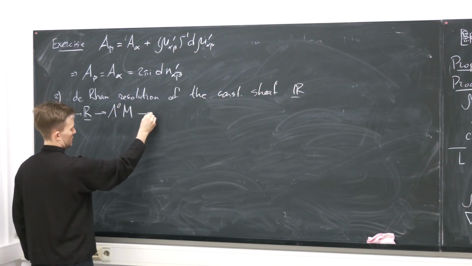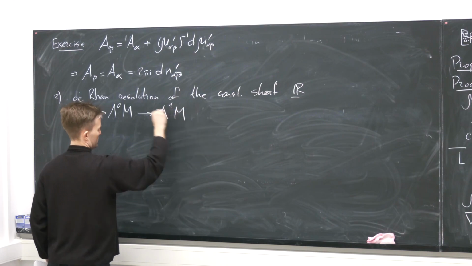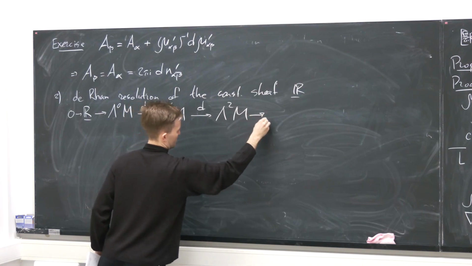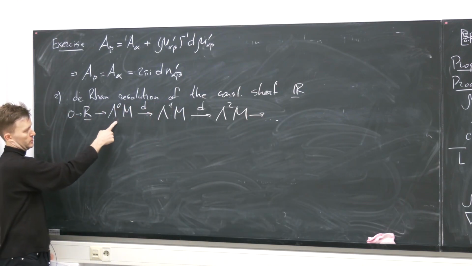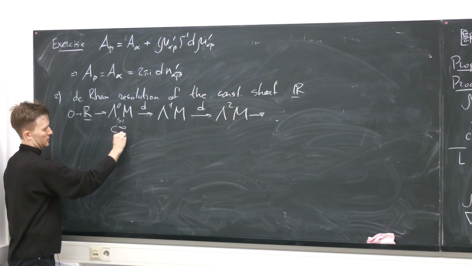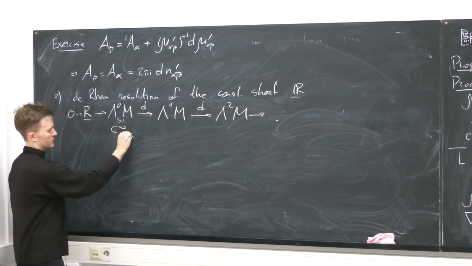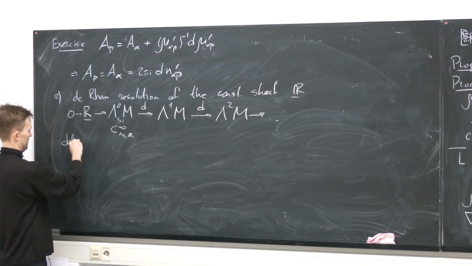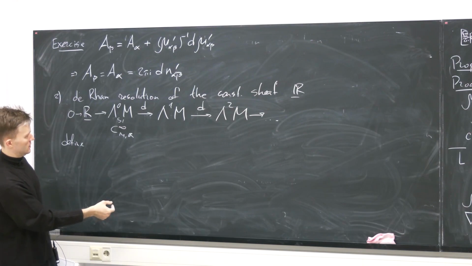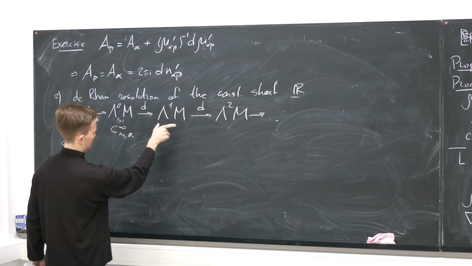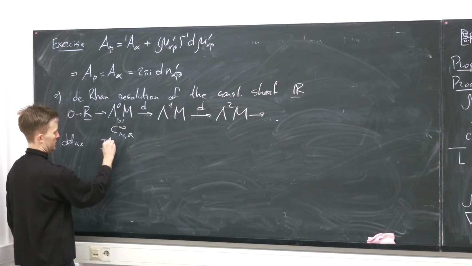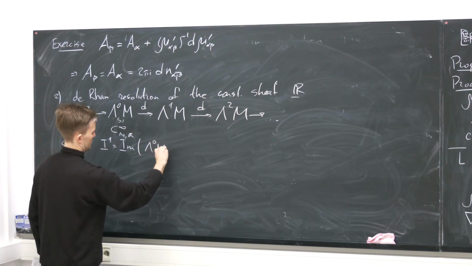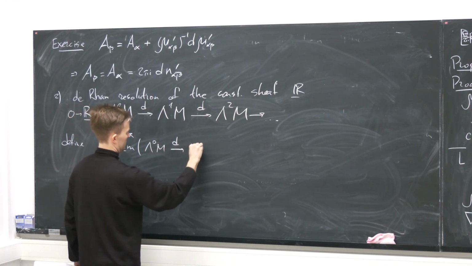So these are just functions, and these are one forms. That's the de Rham differential, lambda 2 M, and so on. So these are just real valued functions. So let's define two sheaves. So one of them will be, so I1 is the image of this morphism.